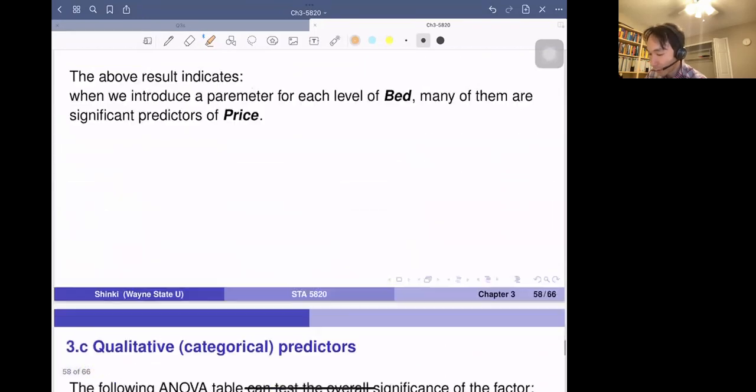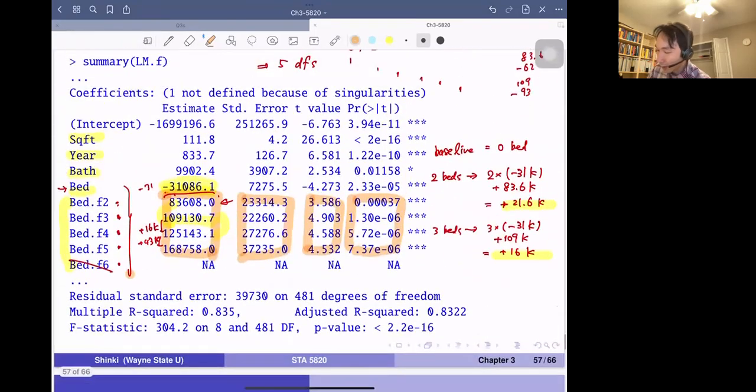The problem here is that we have many predictors, so we cannot really see the overall significance of the predictors. For example, year is a significant variable and it has only one coefficient. So if this coefficient is significant, then year is significant. But the number of bedrooms, since it's split into several levels, we are not really sure in total whether this group is significant or not.